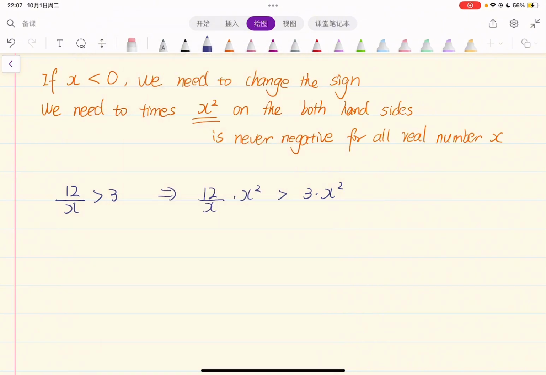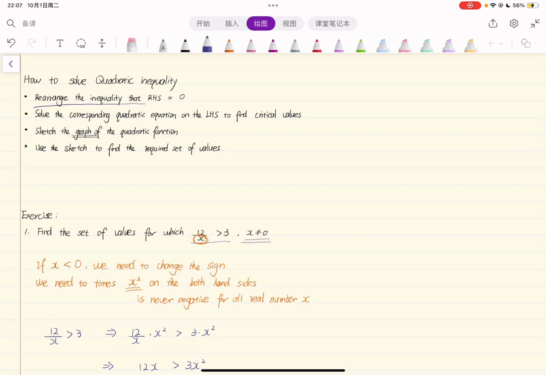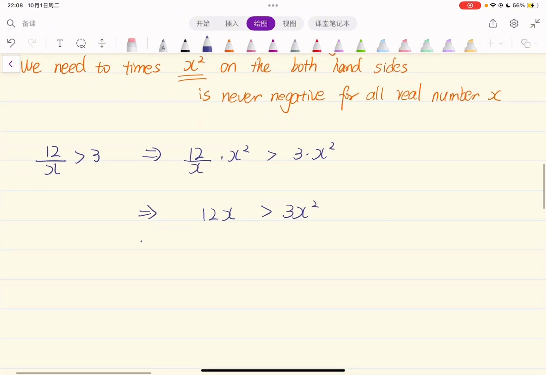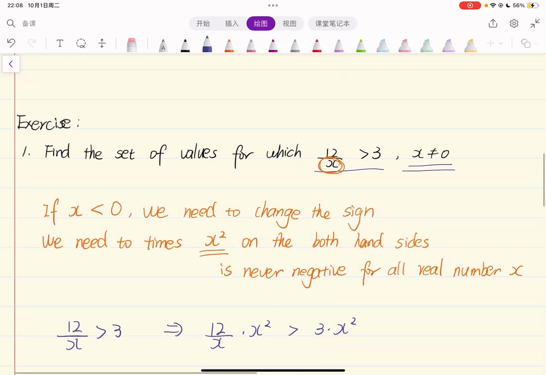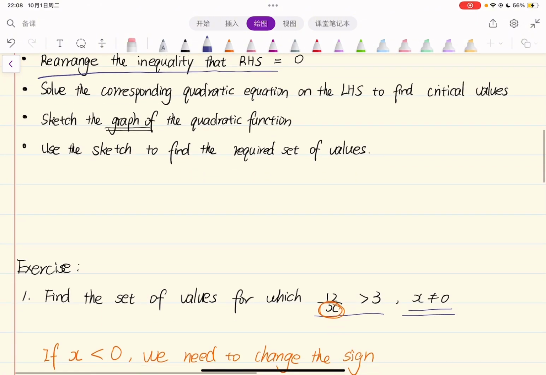We have 12x greater than 3x squared, and we need to rearrange the inequality so that the right-hand side equals 0. So we have 12x minus 3x squared greater than 0. The second step is to solve the corresponding quadratic equation.